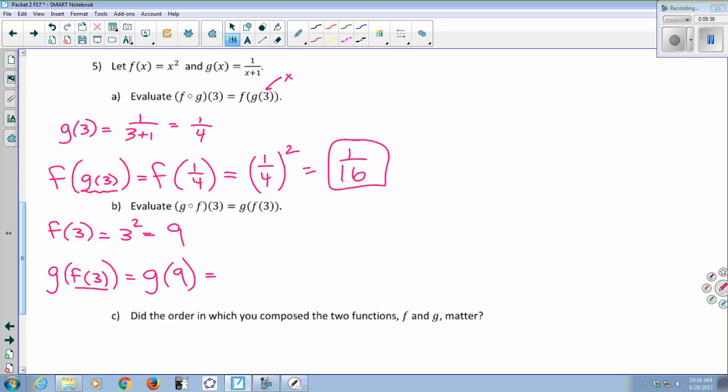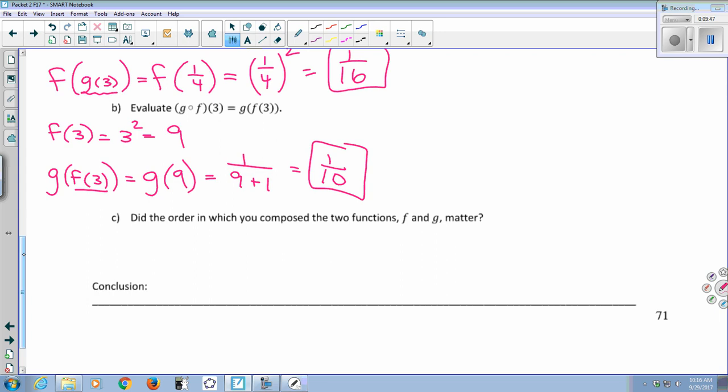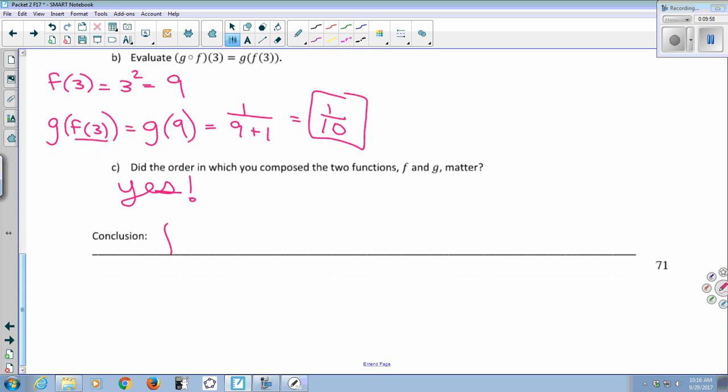And then g of 9 is 1 over 9 plus 1, which is 1/10. So did the order matter? Yes, right? I did not get the same answer when I did f composed with g as when I did g composed with f. So my conclusion is that those are not necessarily the same. f composed with g does not always equal g composed with f.